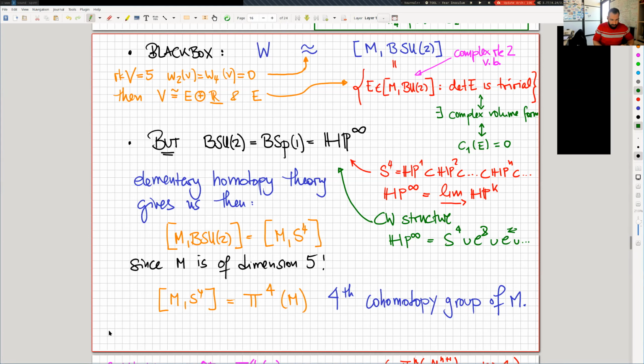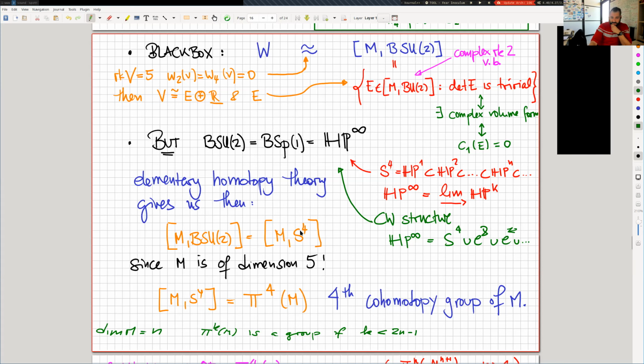So if the dimension of your manifold is n, then pi^k of M is a group if k is smaller than 2n minus 1. In that case it is even an abelian group. In other cases it's just a set. So this is a big disadvantage compared to homotopy groups.